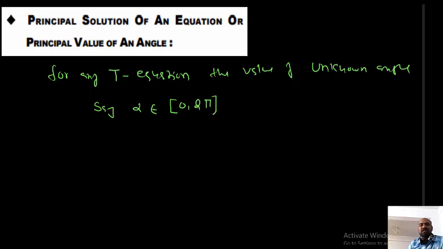In our textbooks, they give one interval for sine, another interval for cos, another for tan. But in general, I can say that your alpha should be from 0 to 2 pi. For any trigonometrical equation, the value of the unknown angle alpha in this interval is known as the principal solution or particular solution.